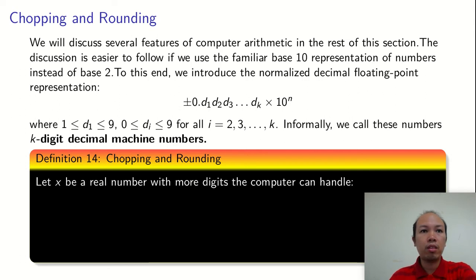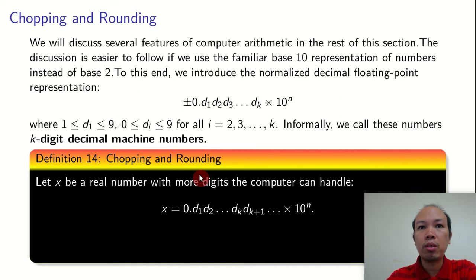So this definition basically means that if your display, for example in a laptop, displays more digits than the calculator. So this is your x in floating point representation, 0 point d sub 1. Notice the fractional part, d sub 1, d sub 2 up to d sub k plus 1 dot dot dot.